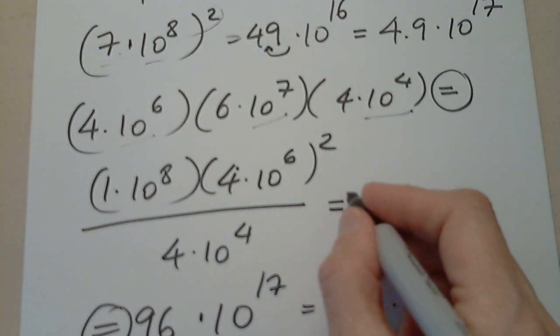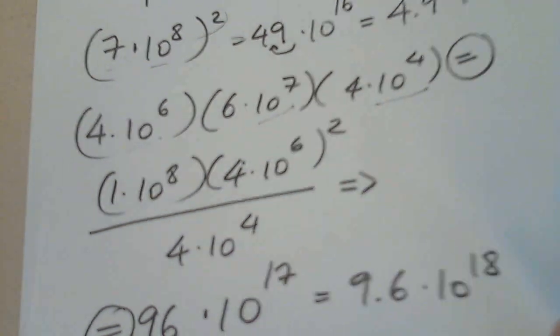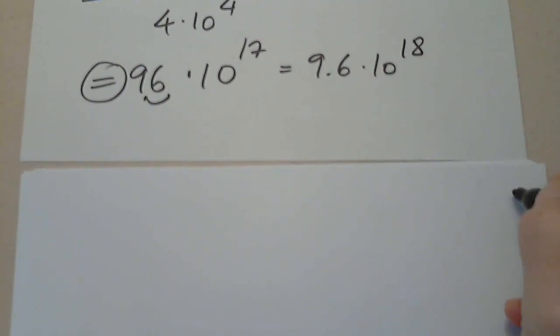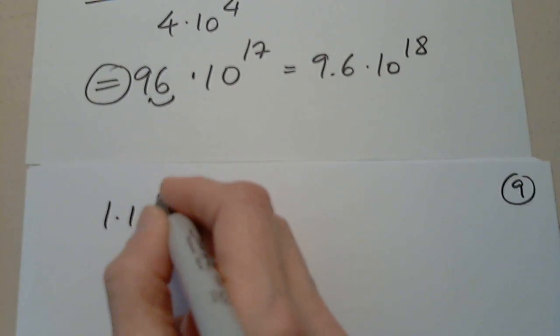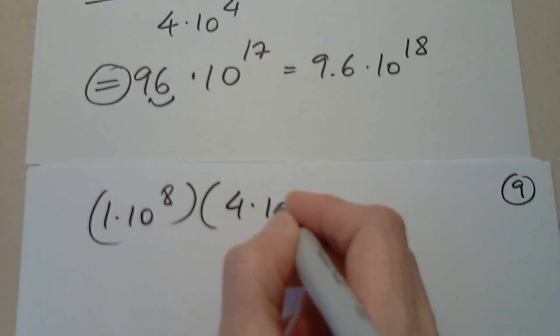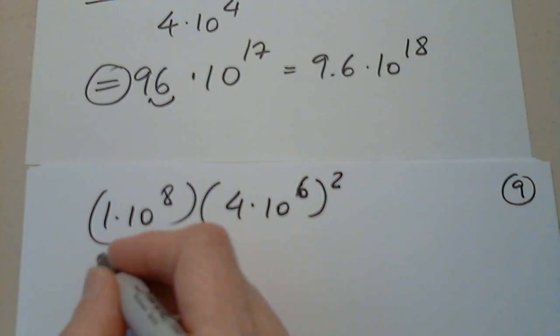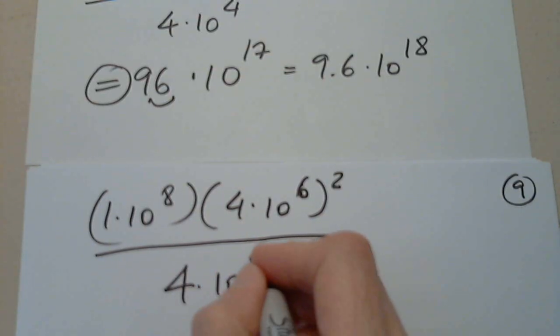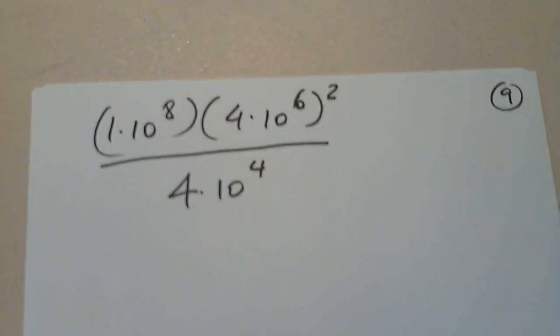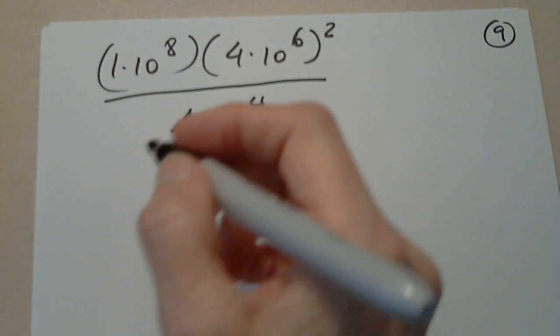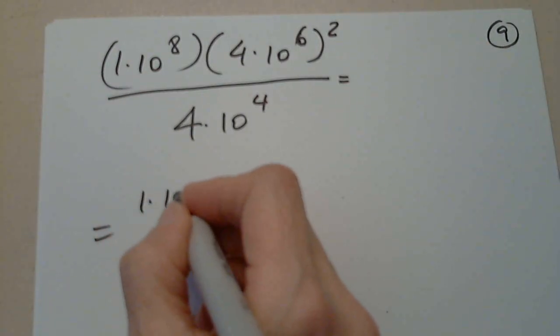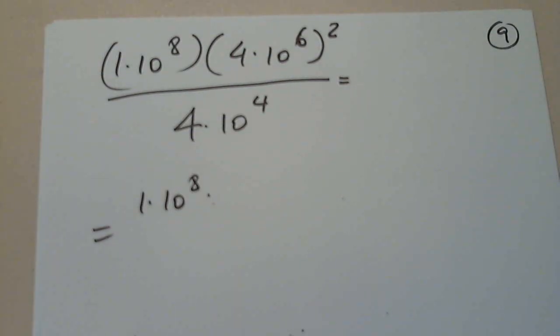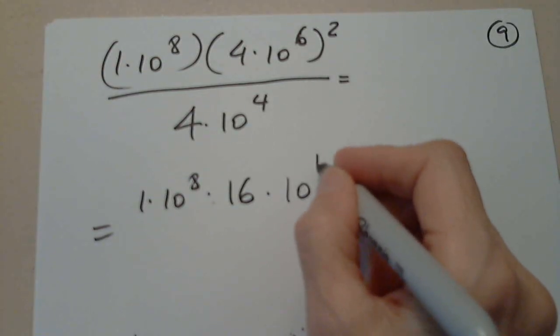On the last one, and since I don't have enough room in here, I'm going to copy it on the next page. So 1 times 10 to the 8th, 4 times 10 to the 6th squared, over 4 times 10 to the 4th. So first of all, 1 times 10 to the 8th stays as is. I have to square 4, and I get 16. I have to square 10 to the 6th, and I get 10 to the 12th power.